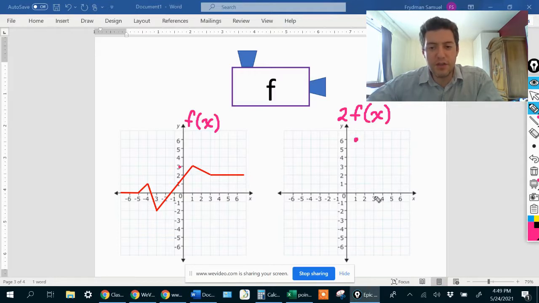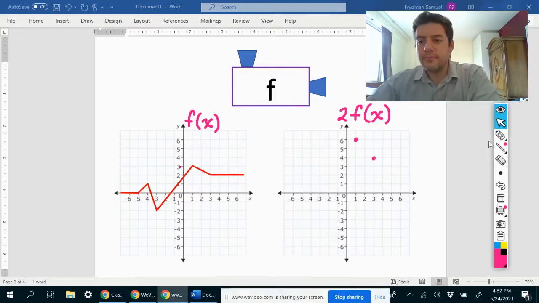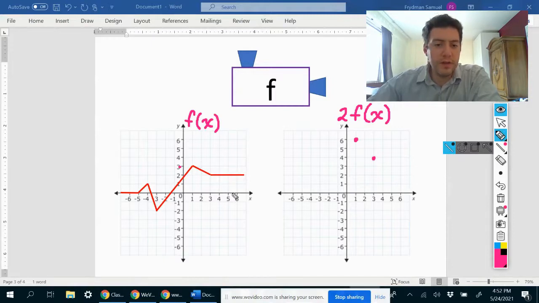If x is 3, we put 3 into the function machine, we get 2 out, but then we double it, we get 4. Okay? If x is, let's say, 6, then we know from here that if we put 6 into the function machine, we would get 2 out.